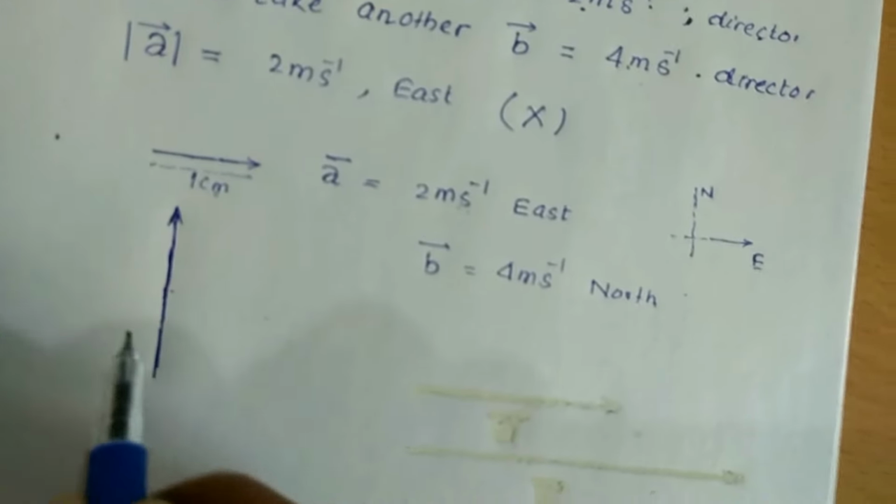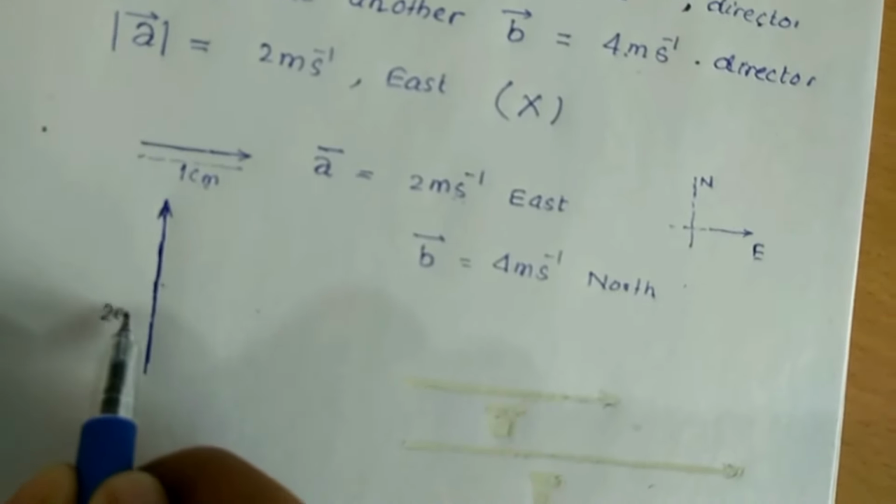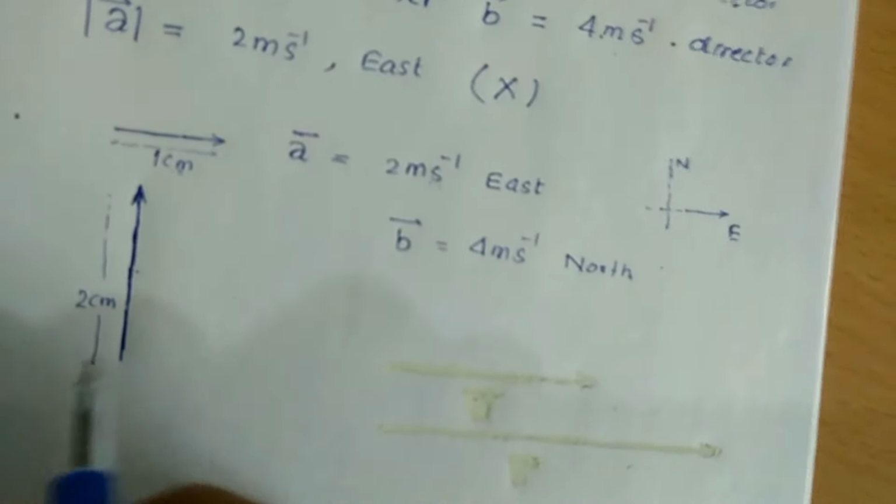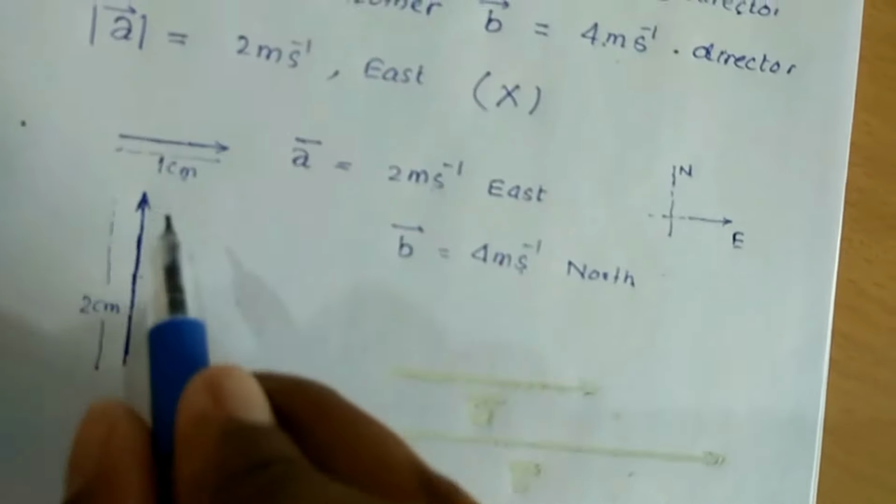So vector B is 2 centimeters of geometrical length. This is the geometrical length, and this is the physical length.